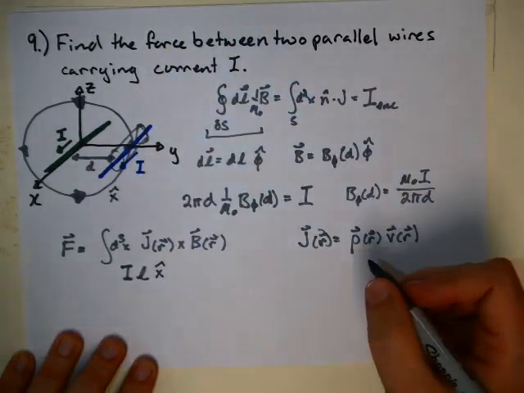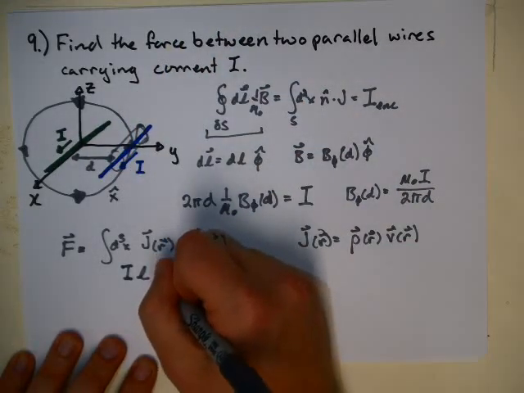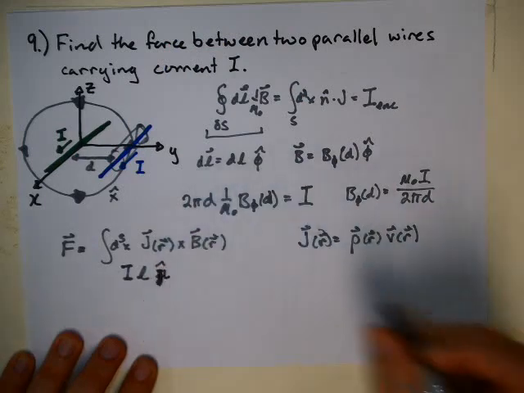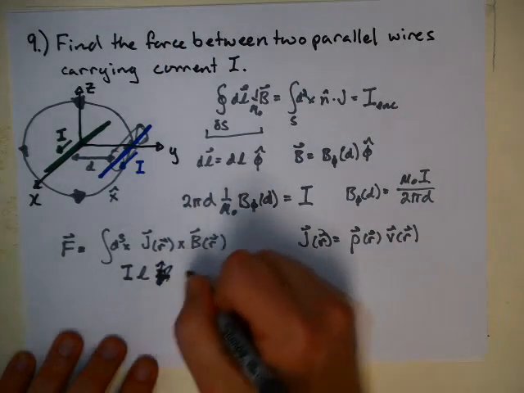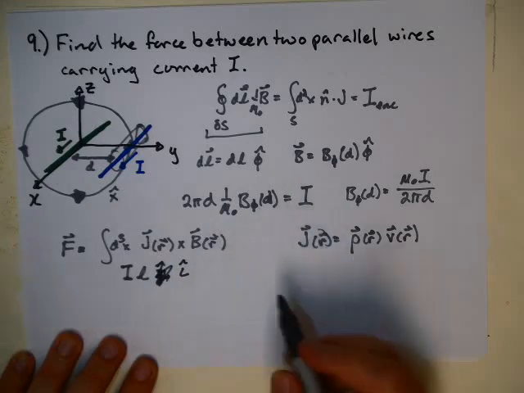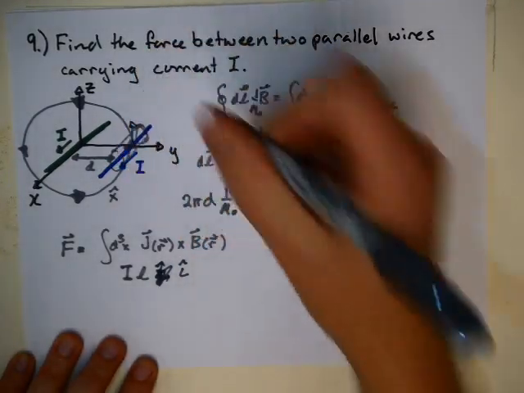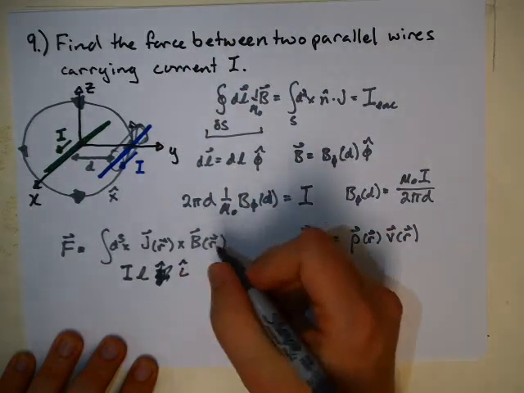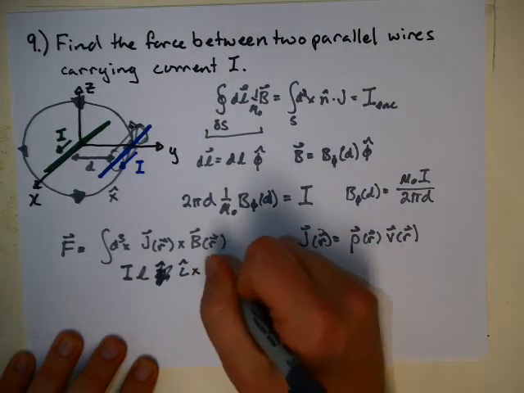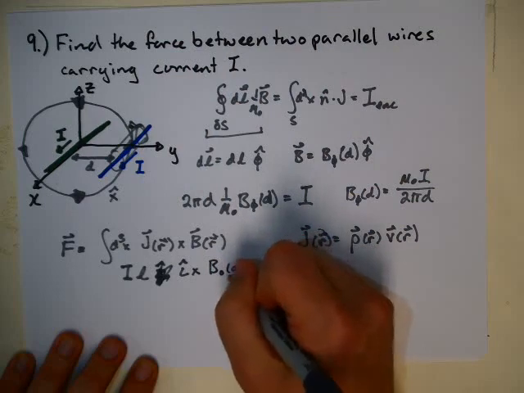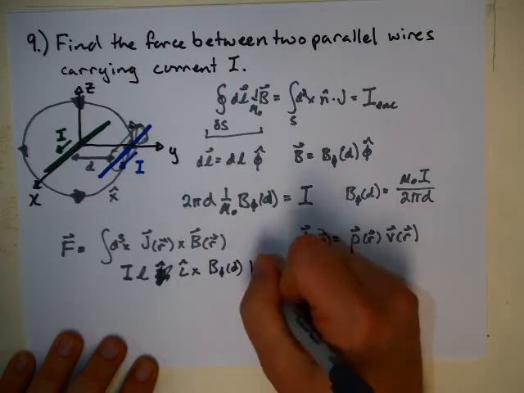That's actually going to be, oh, x hat, sorry, I hat. The b is in the phi hat direction, which here is going to be in the positive k hat direction. So cross b sub phi of d times k hat.